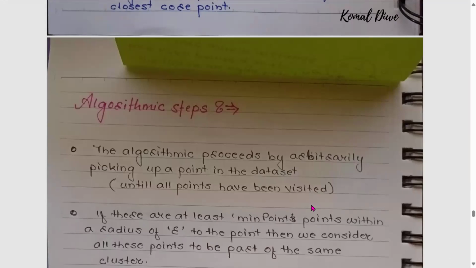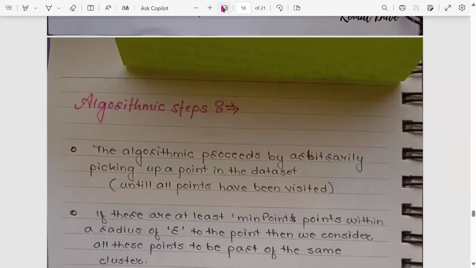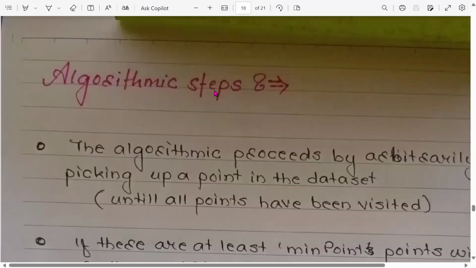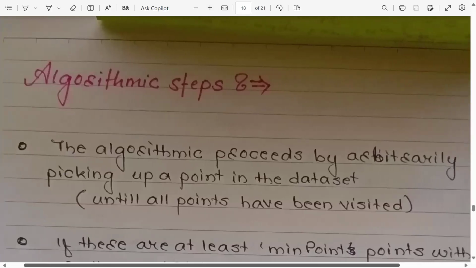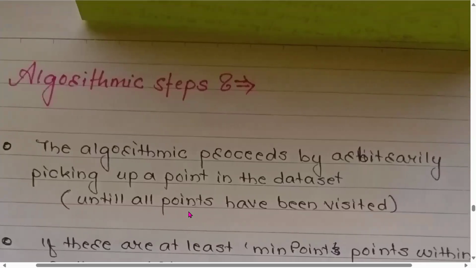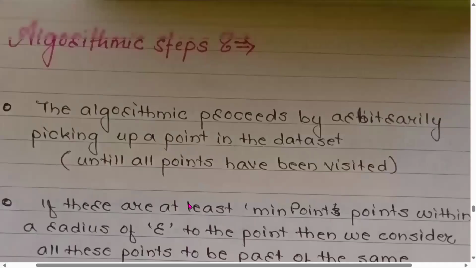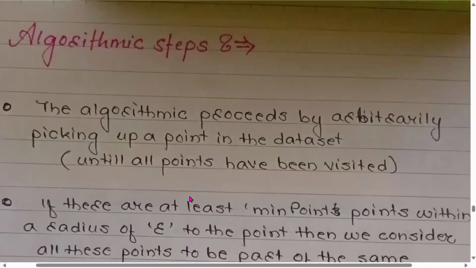Algorithmic steps. What does it mean? The algorithm proceeds by arbitrarily picking a point in the dataset until all points have been visited.